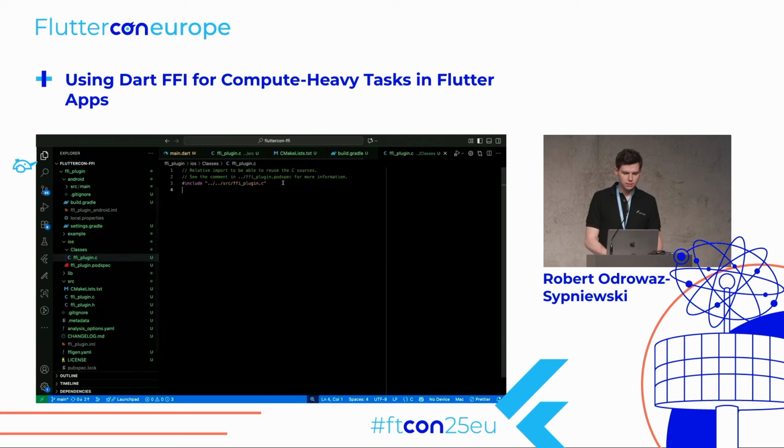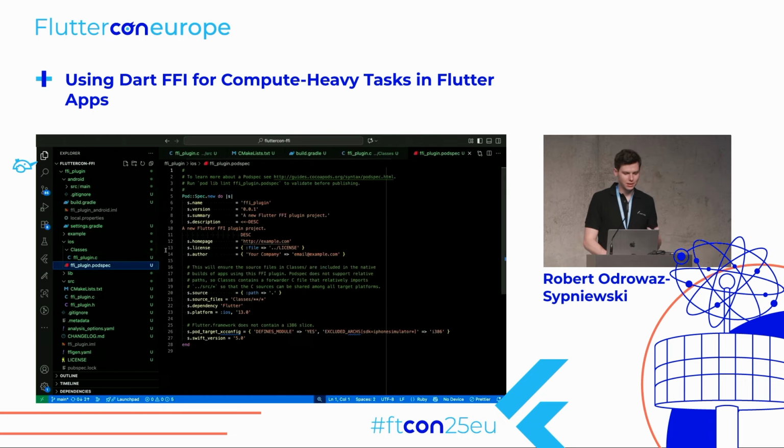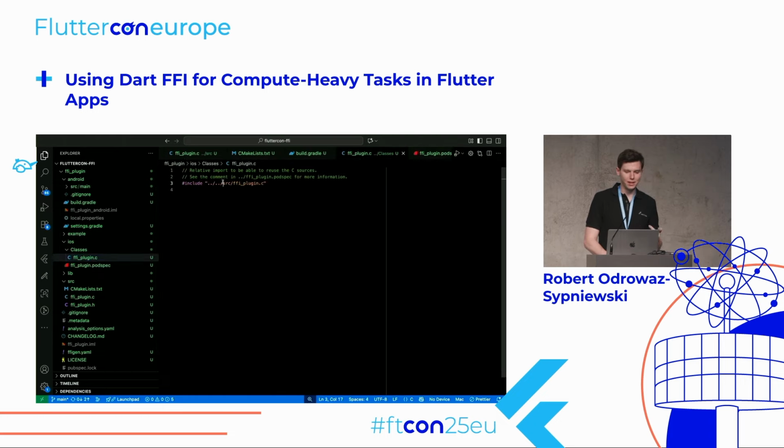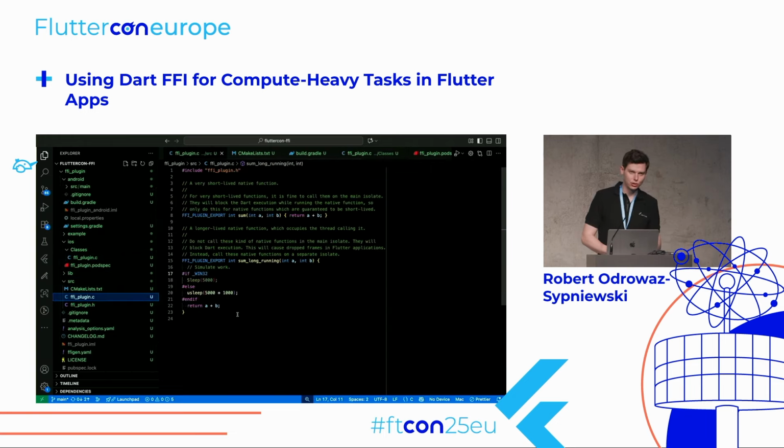We have this weird additional file generated, which is only here because relative imports are not supported in CocoaPods. So CocoaPods includes this FFI plugin file, and this FFI plugin file includes our shared library implementation.